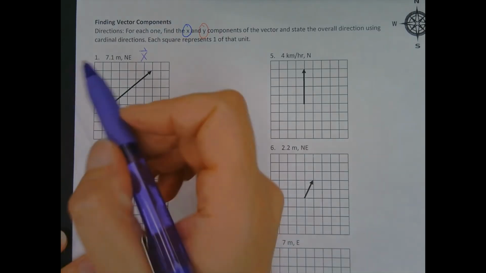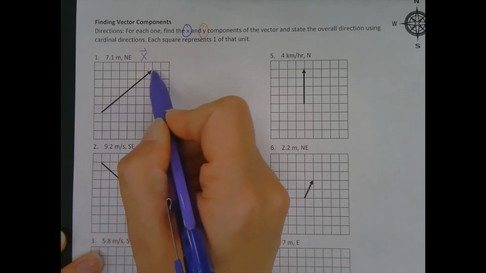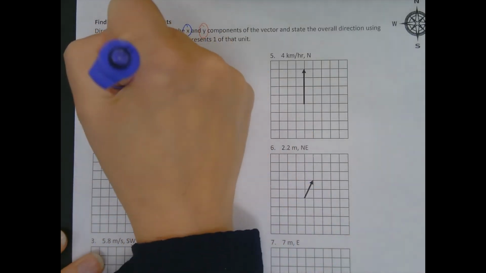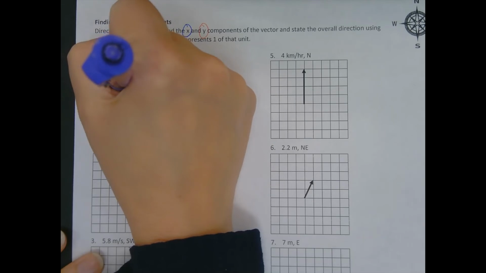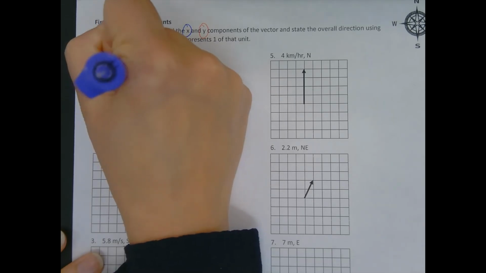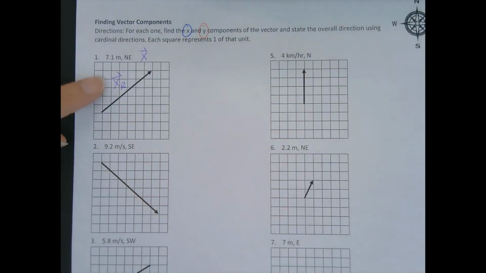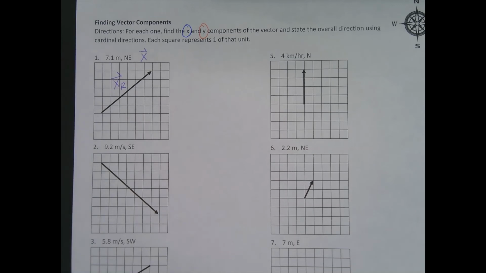Which means that this right here, which is my resultant vector, I'm going to label it as X with a capital R and a half arrow, indicating that this is my vector quantity of displacement and it's the resultant. The capital R is the resultant.